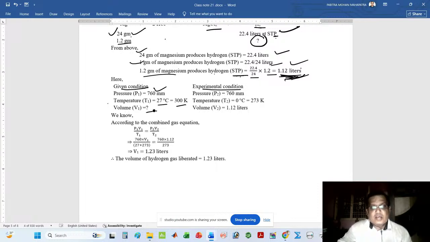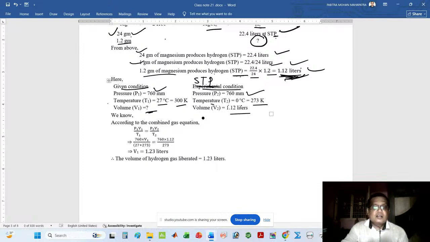Volume is our target. In STP condition, pressure is 760 mm, temperature T2 is 0 degree centigrade, that is 273 Kelvin. Volume already given is 1.12 liter.